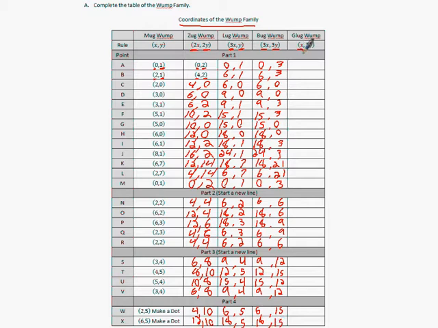This means the first number stays the same, 3 times the second number. So all these first numbers I'm just going to go ahead and copy down.